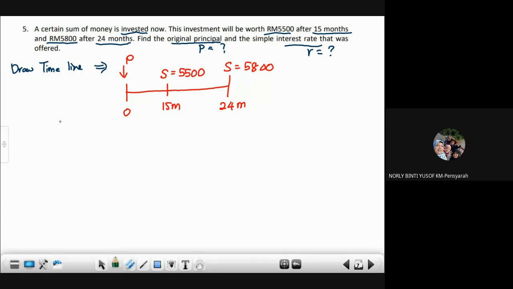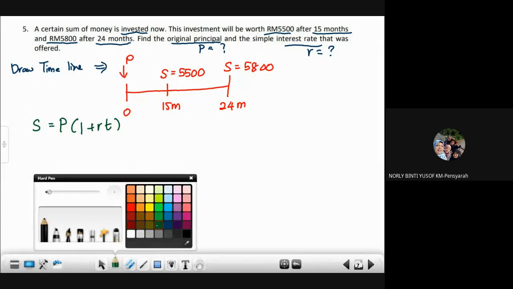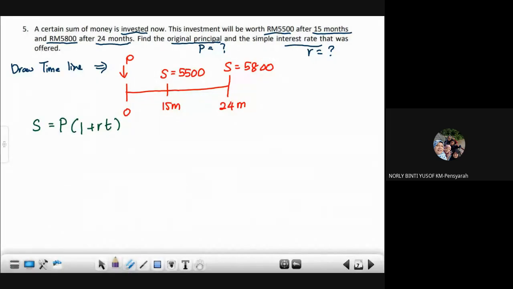Okay, sama menggunakan formula S = P(1 + RT). Okay, so kita masukkan yang pertama 5,500. Principal kita tak tahu. 1 tambah R pun kita tak tahu. Tapi times ada 15.